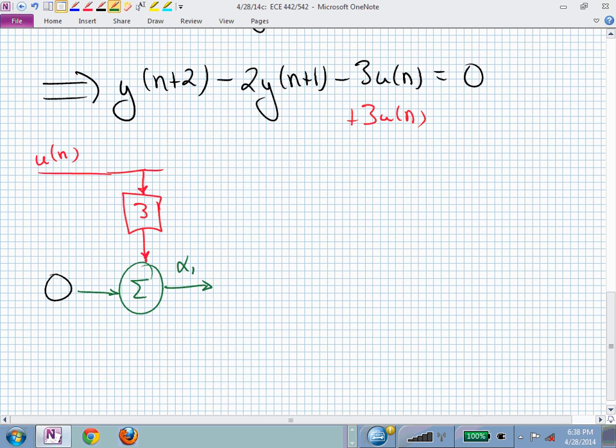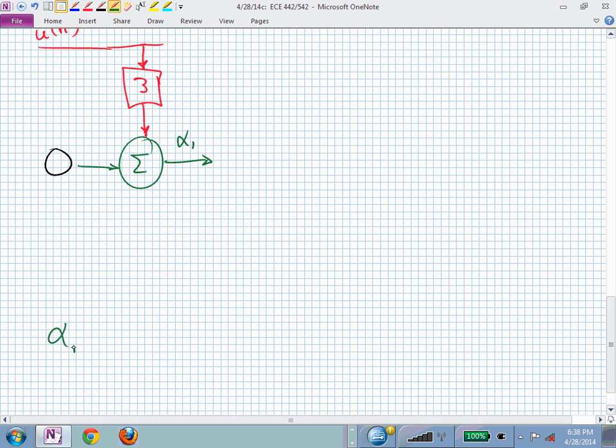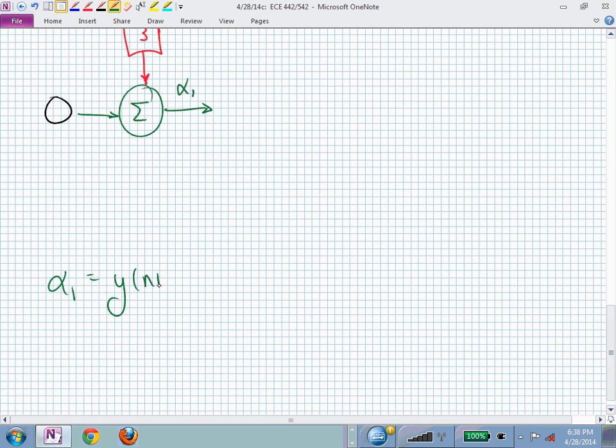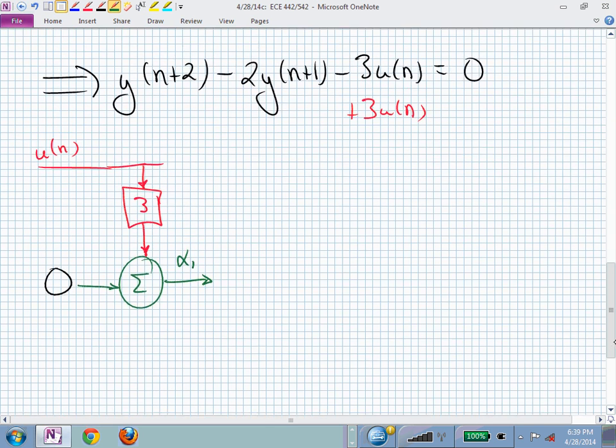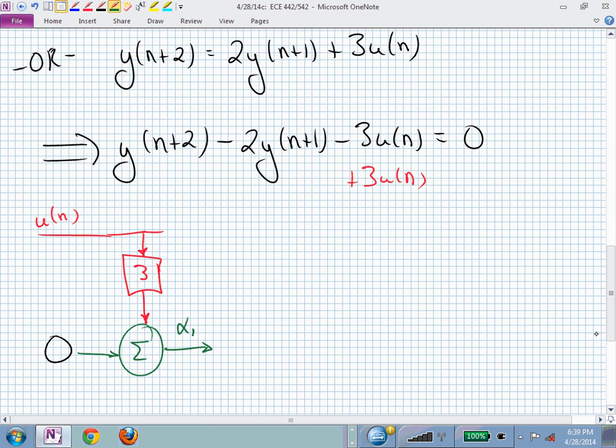So that alpha 1, that signal, is whatever it was, which is y of n plus 2 minus 2 y of n plus 1. Is that okay? That's what alpha 1 is. I'm now adding 0 to 3u of n, and out pops from the summing junction the result, because I knew 0 was made up of 3 terms.